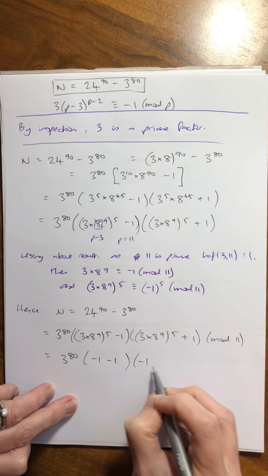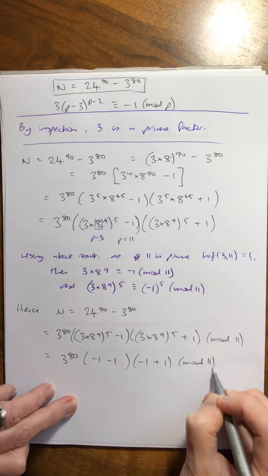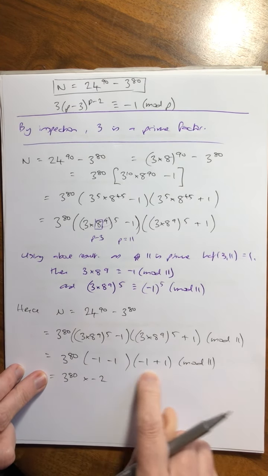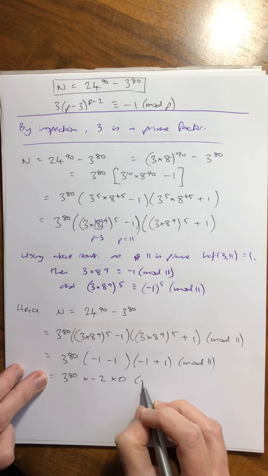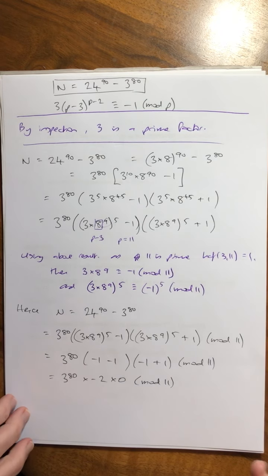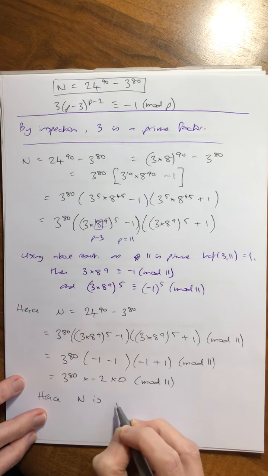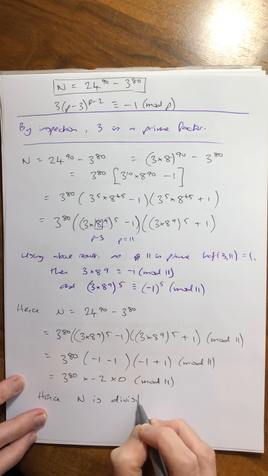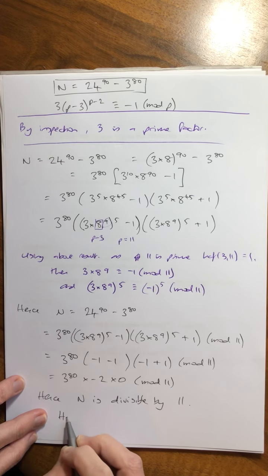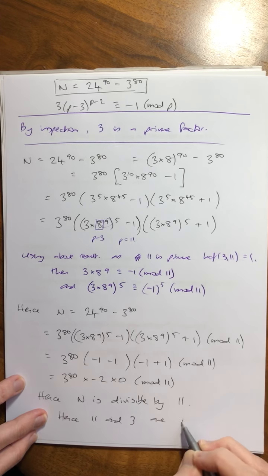This is congruent to minus 1 plus 1. Don't know what that is, doesn't matter. That's equal to negative 2, but look here, I've got a 0. And because it's congruent to 0 mod 11, hence I know that n is divisible by 11. So hence 11 is prime, 11 and 3 are my prime factors.